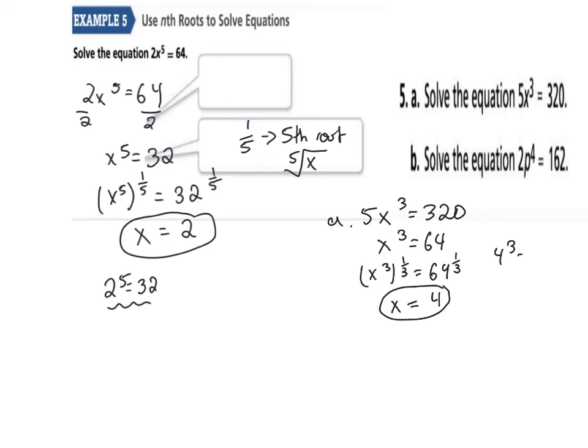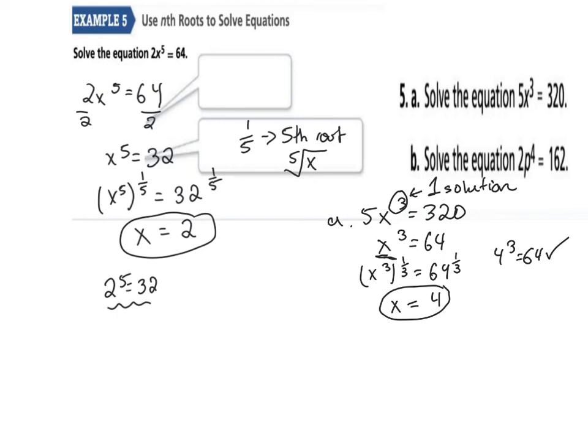You can always check that by plugging in 4; it should equal 64, and it does. So when we have an exponent of an odd degree, like a cube, we get one solution.